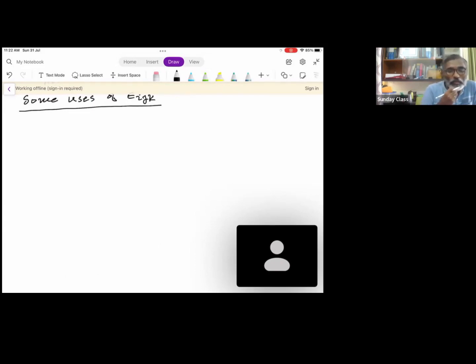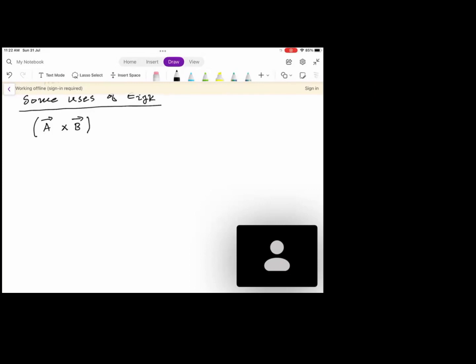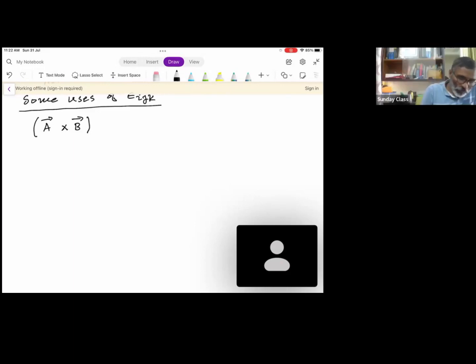But we can also define the cross product of vectors. Suppose I have a vector A, and then I have another vector B, and then we ask, what is A cross B? That is, A cross B is a vector, right? So suppose I say A cross B is equal to some C, it's a vector, then I want to write down what is Ci.